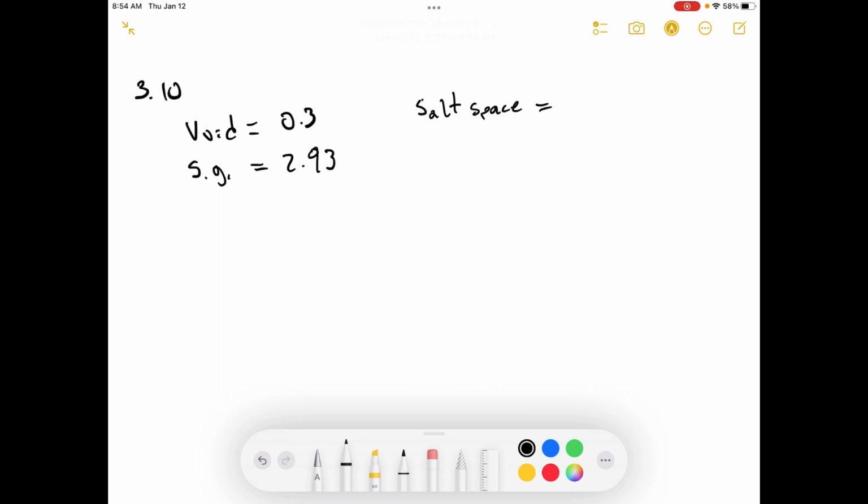Sorry, when I say salt, I'm referring to calcium carbonate. So that means there's 0.7 volume of salt per total volume of the bag.